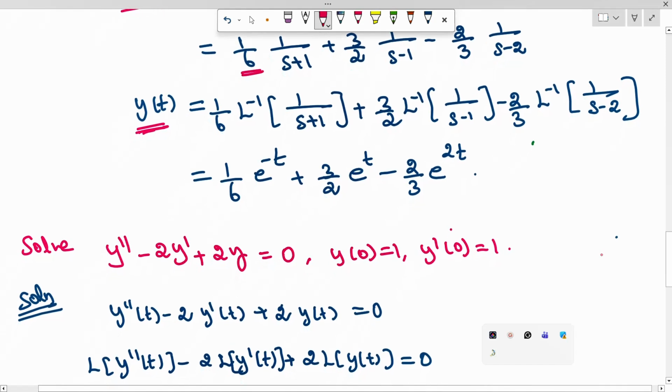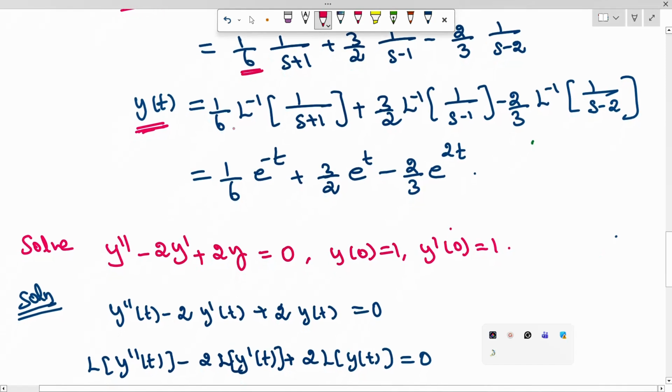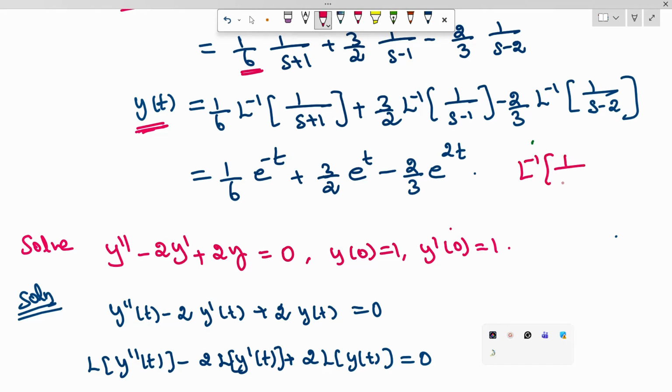Now we are going to apply L inverse formula here. L inverse of 1 by s plus 1 is e power minus t, plus 3 by 2 into L inverse of 1 by s minus 1 is e power t, minus 2 by 3 into L inverse of 1 by s minus 2 is e power 2t. Here we used the formula L inverse of 1 by s plus a is e power minus at.